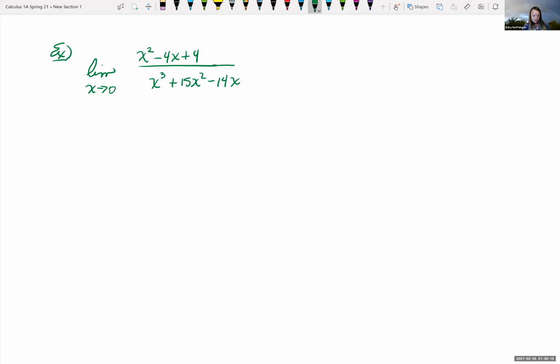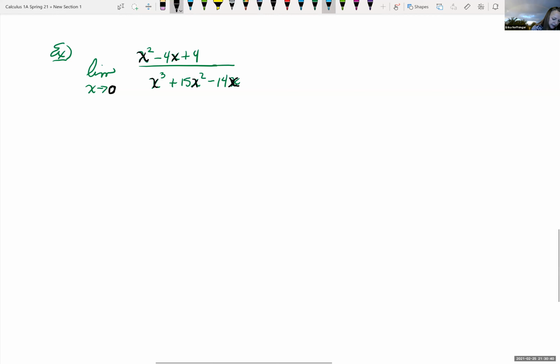Whenever you're starting limits, always see if you can do direct substitution. If you can do direct substitution, then things are nice. We're looking at what happens when x approaches 0. If we do direct substitution and plug in 0 wherever we see an x, let's see what's happening.